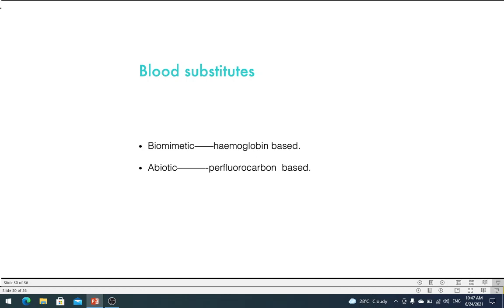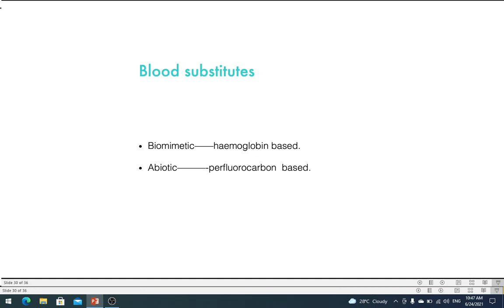Yeah, sorry. So what I was saying is you have blood substitutes. I told you this is in the experimental stage. We still do not have a useful blood substitute. I told you blood substitutes are not to replace the volume but to increase the oxygen carrying capacity. Now there are two ways in which this is being tried out.